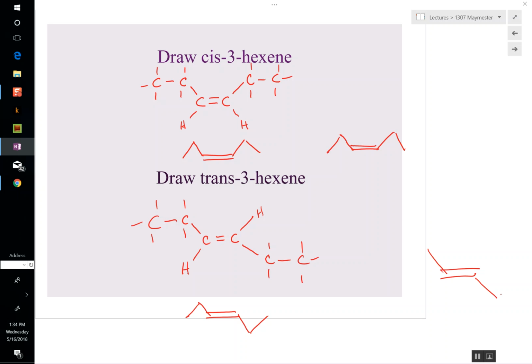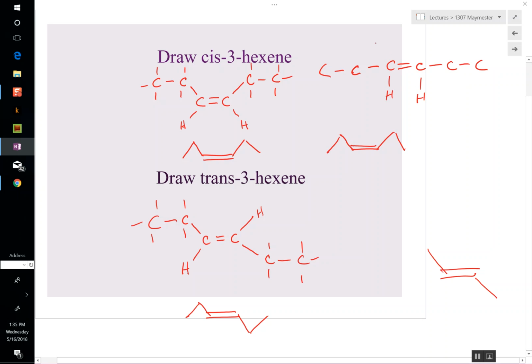This is where I said some students on the structural formula might draw it like this, and they say, oh, it's cis, so I'm going to have a hydrogen here and a hydrogen here. The hydrogens are on the same side of the double bond. Yeah, but I like to see the whole thing being cis.